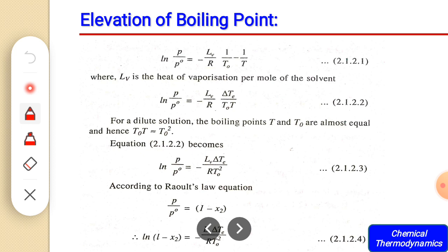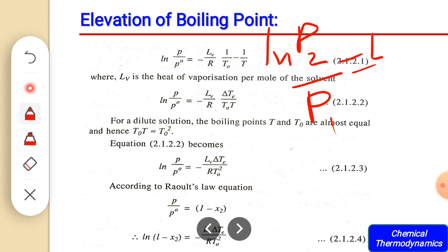So by using the Clapeyron equation, the Clapeyron equation is simply ln of P2 upon P1 equal to latent heat of vaporization, or heat of vaporization delta Hv, divided by R, in the bracket 1 upon T1 minus 1 upon T2.